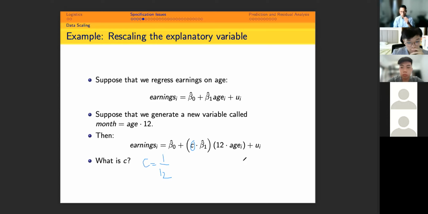Okay, so with the scaling of the explanatory variable, the estimated coefficient will change by the inverse of the change. Okay, any questions on the data rescaling, both for the dependent variable as well as for the explanatory variable?